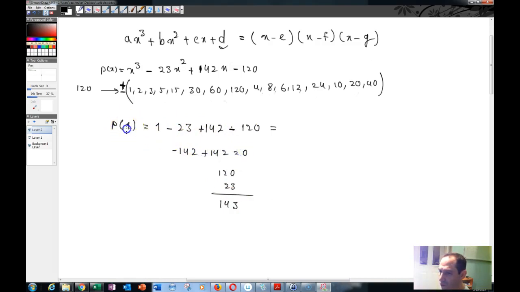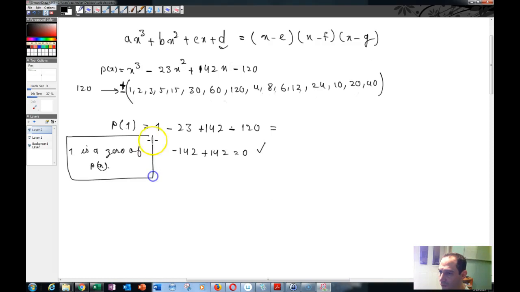So this works, and you don't need to worry about the rest of the numbers. That means that 1 is a 0 of p of x.